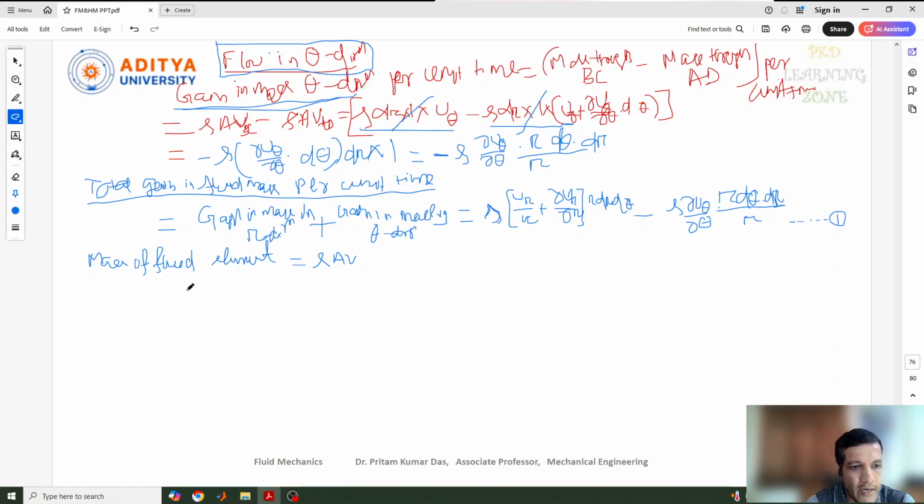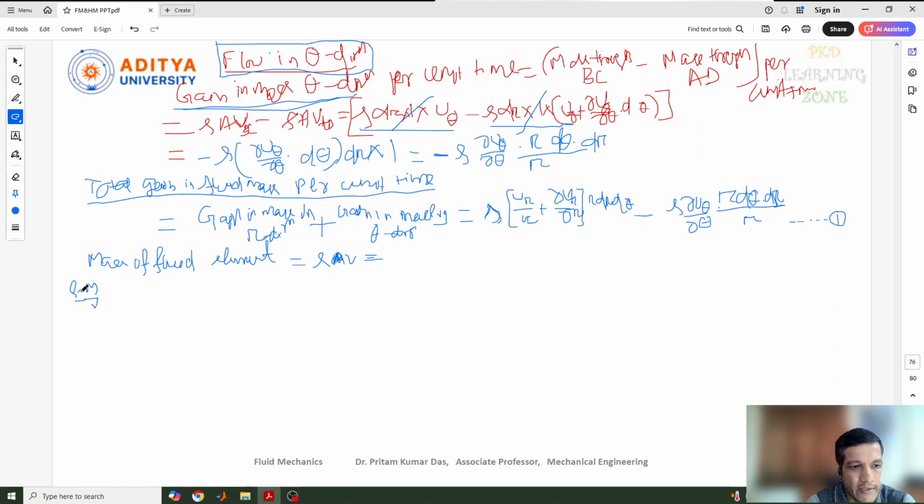Now the mass of the fluid element is rho v, not rho a v, because we know that density equals mass by volume.